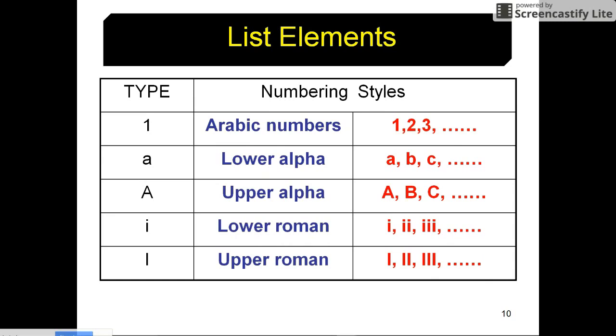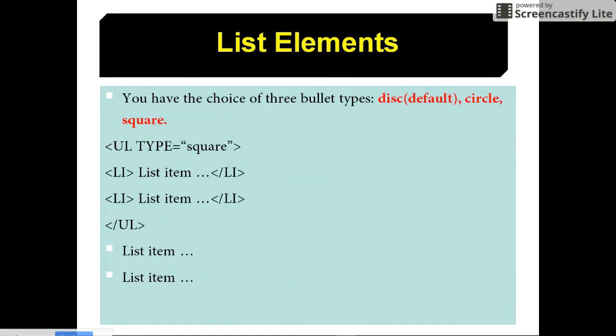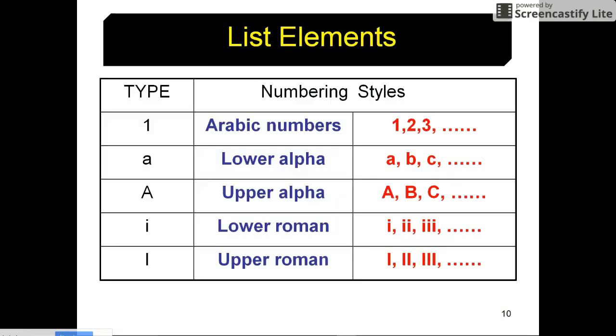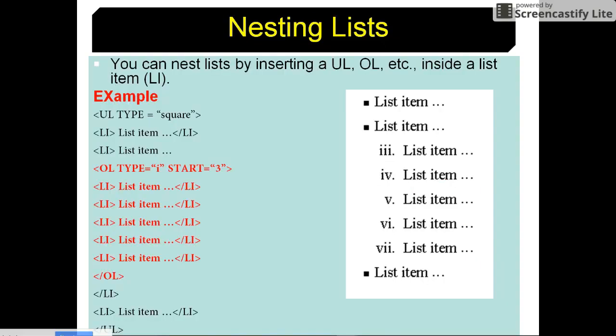Then it may contain lower alphabet, upper alphabet, lower Roman characters, upper Roman characters, and so on. Then we simply write the value of type equals 1 as the first value. In place of a square we need to write 1 or small a, capital A, or this.